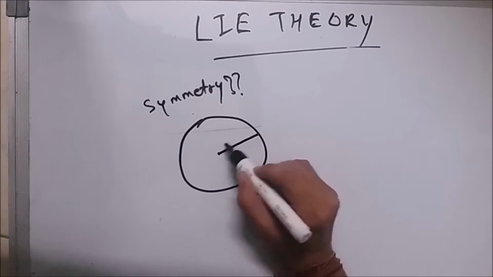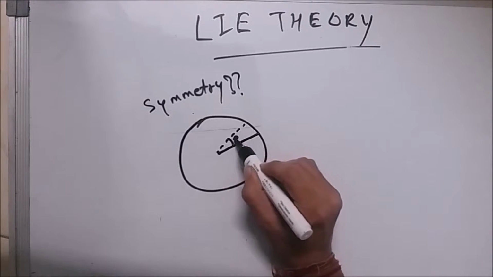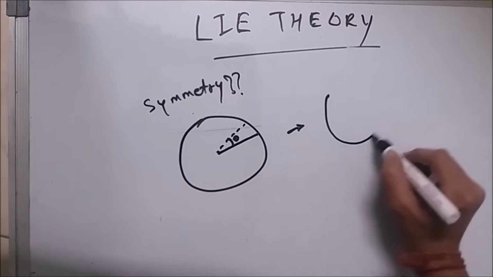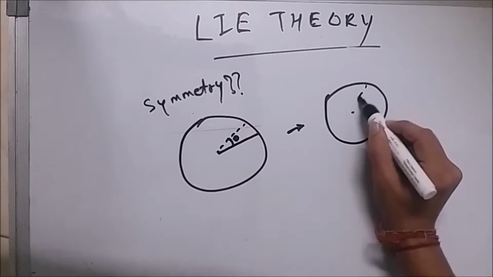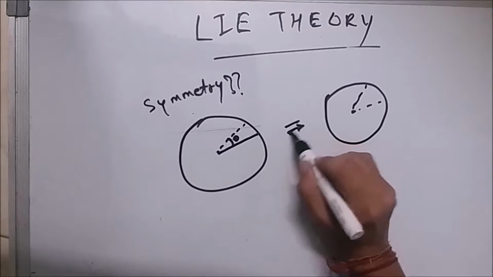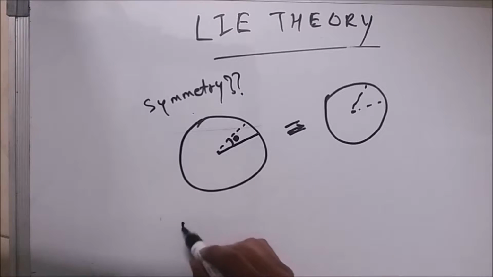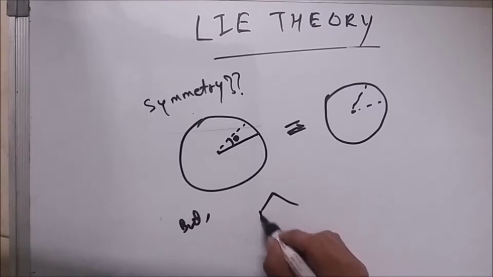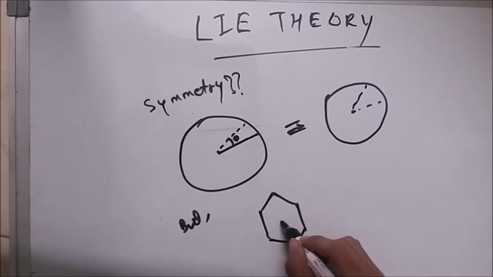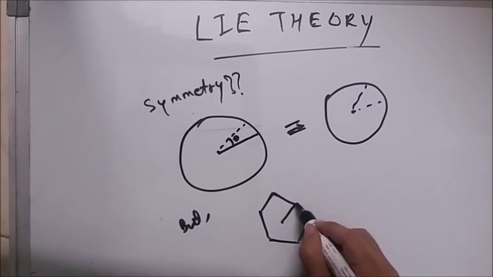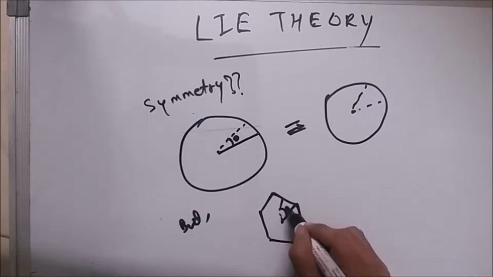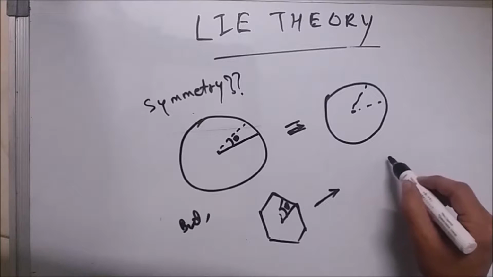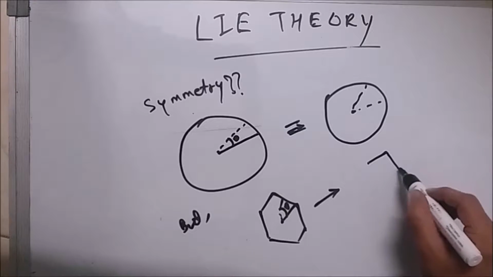Considering a circle, rotate it about the origin with some angle theta, and the new figure formed is exactly the same as the previous one. But considering a hexagon, when we rotate it by some angle not equal to an integral multiple of pi by 3, we get some figure like this.